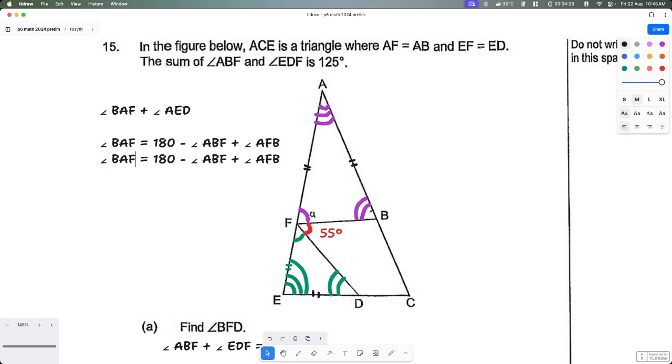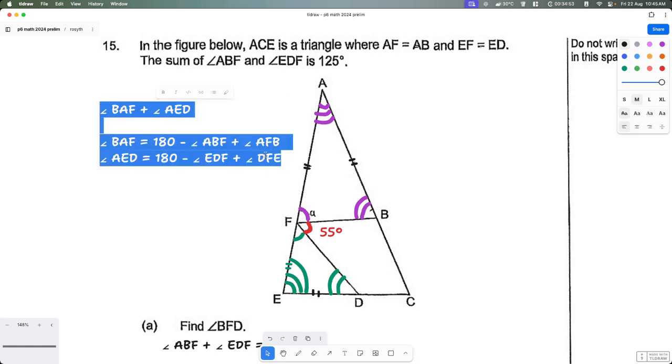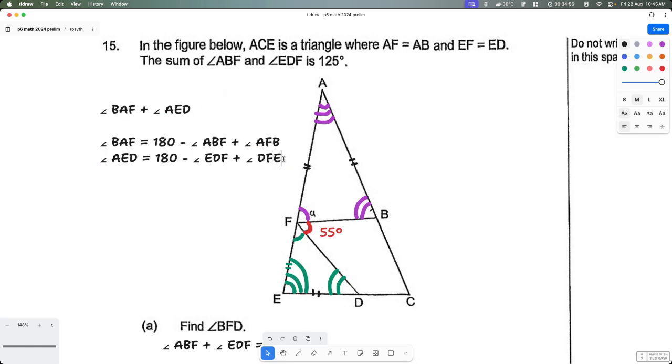Angle AED is equal to angle EDF plus DFE. We know that each of these sums is equal to 125 degrees. So combined, it is 180 minus this, plus 180 minus DFE.